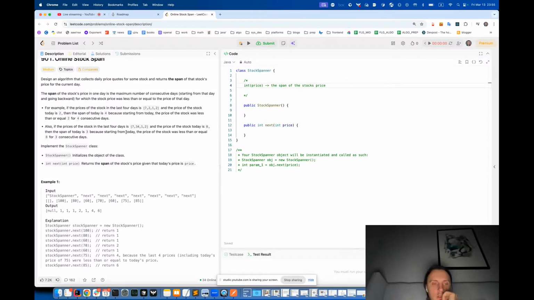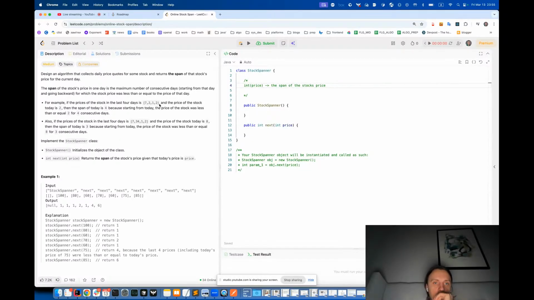Okay. So, for example, if we have the prices like this, 7, 2, 1, 2, and the price of the stock today is 2, then the span is 4, because starting from today, the price of the stock was less than or equal to 2 for 4 consecutive days.